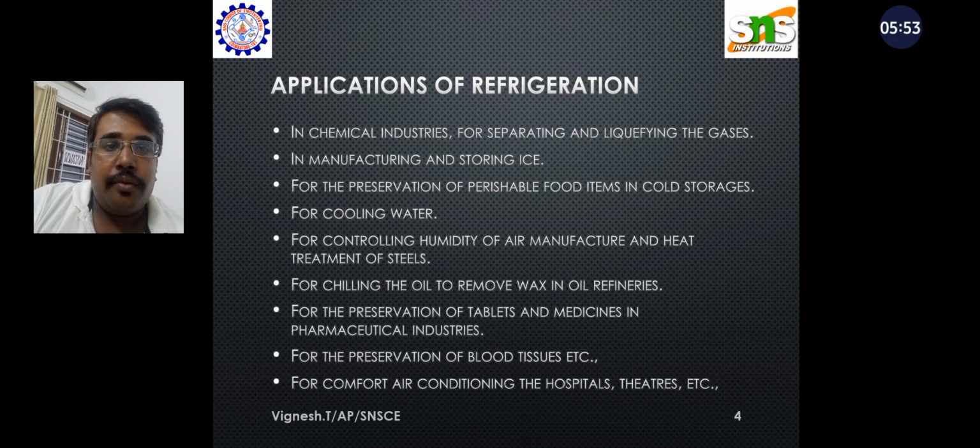For chilling the oil to remove wax in oil refineries we can use this refrigeration process, and for the preservation of tablets and medicines in pharmaceutical industries, which is a crucial part. And for the preservation of blood and tissues in the blood bank, we can use the refrigeration process.